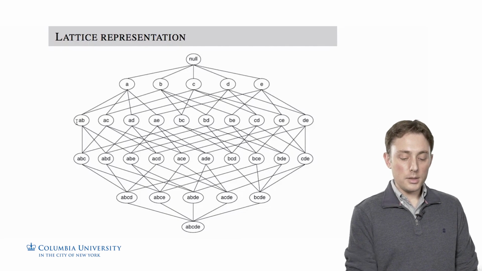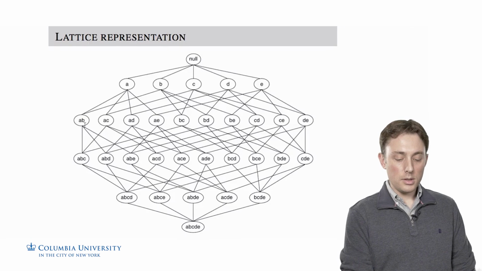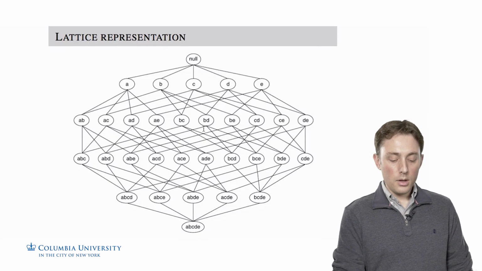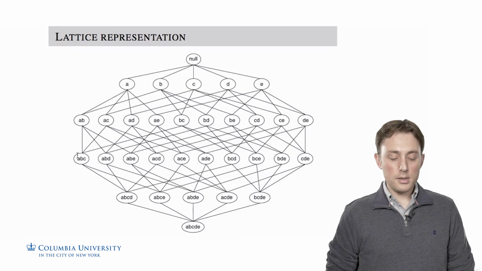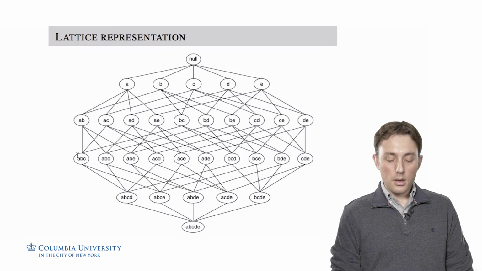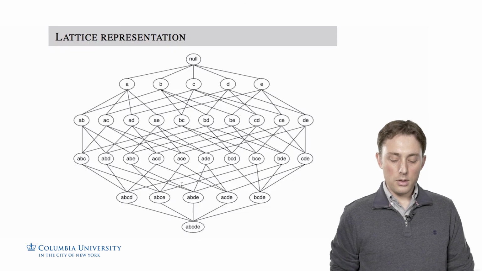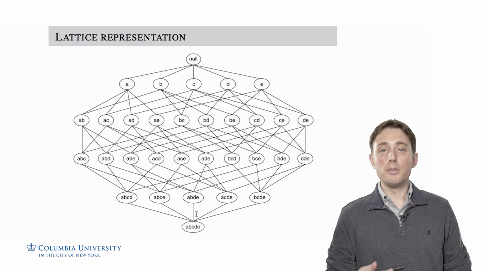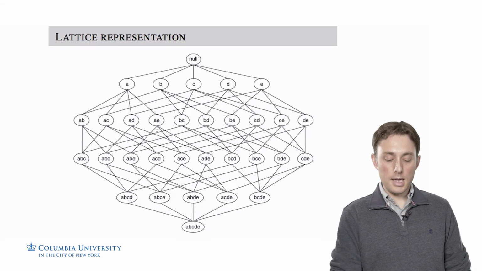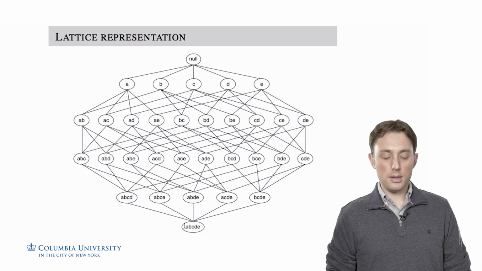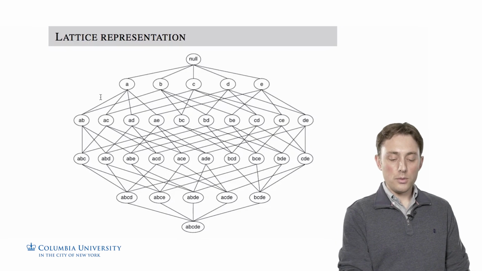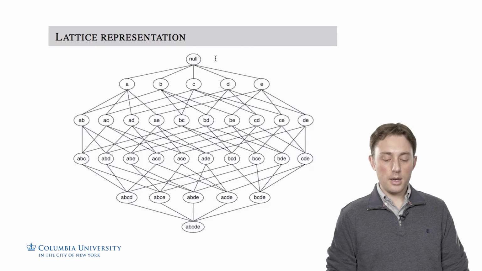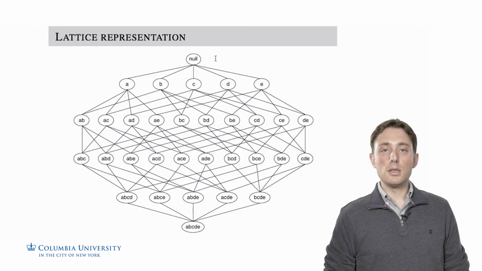And then we move on to all subsets of size 2. We can then move on to all subsets of size 3, all subsets of size 4, and finally all subsets of size 5. Because there are only 5 different objects in this example, there's only one subset there. And so we can represent all of the subsets that we want to check as this lattice structure.